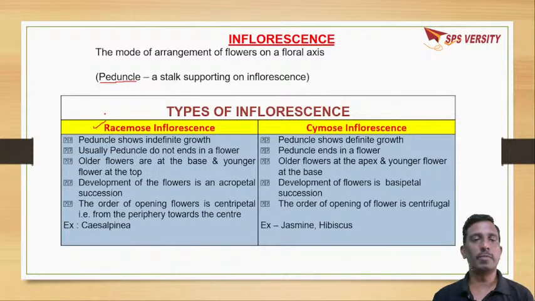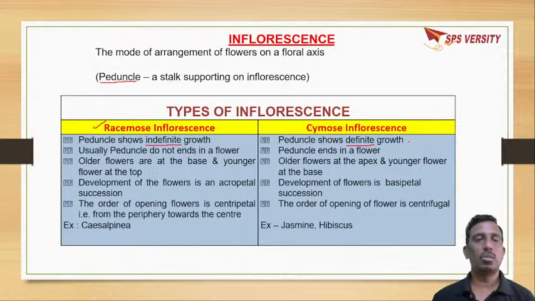If you look into the difference between racemose and cymose: in racemose, the peduncle shows indefinite growth. Indefinite means it will grow continuously. Whereas in cymose inflorescence, the peduncle shows definite growth. So it is not continuous.